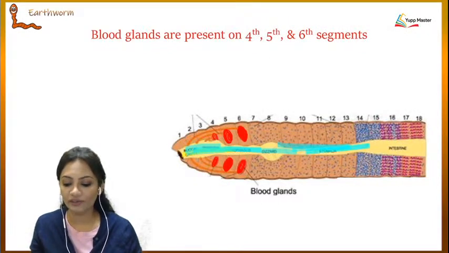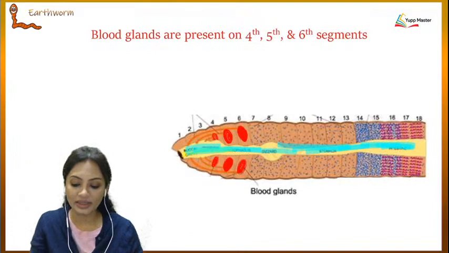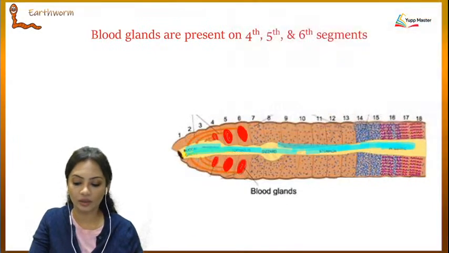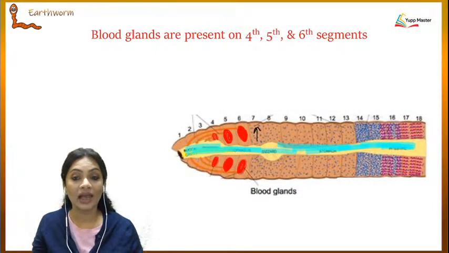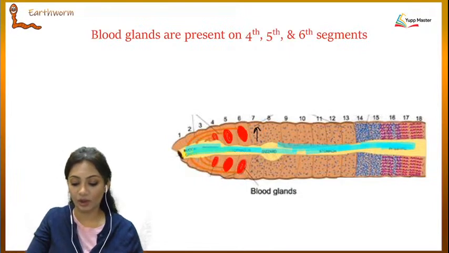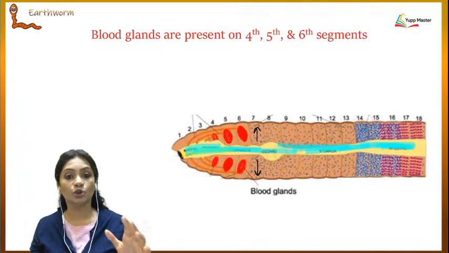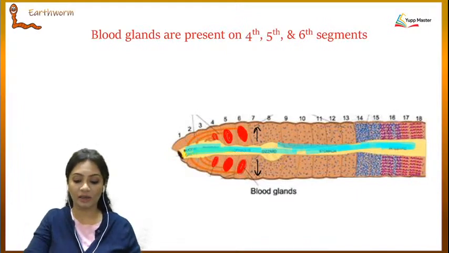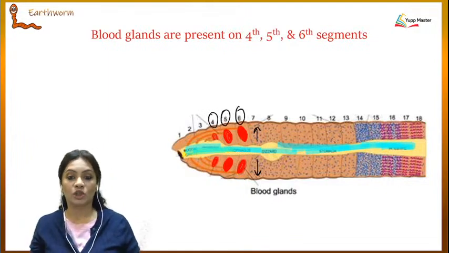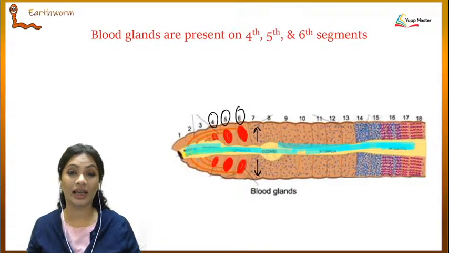Okay, so whenever we're talking about pairs, one side of it will be on one part of the digestive system and the other part of the pair will always be on the other side of the digestive system, which is making it a pair. Okay, so over here when I'm talking about segment number 4, 5 and 6 segments, on these segments we have blood glands present.